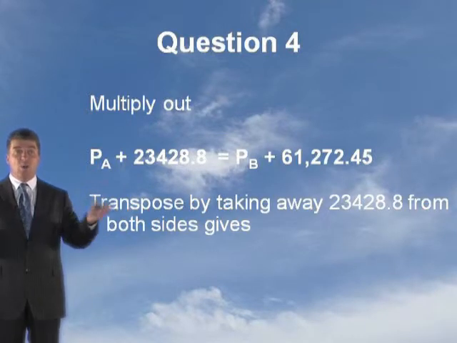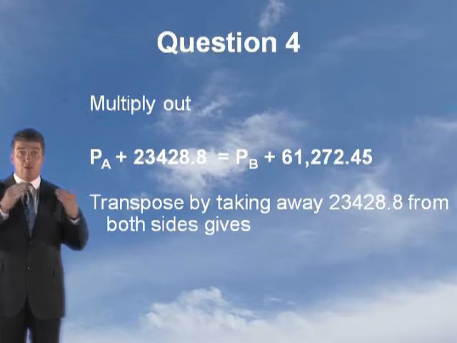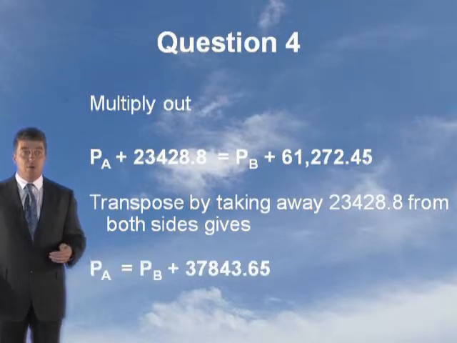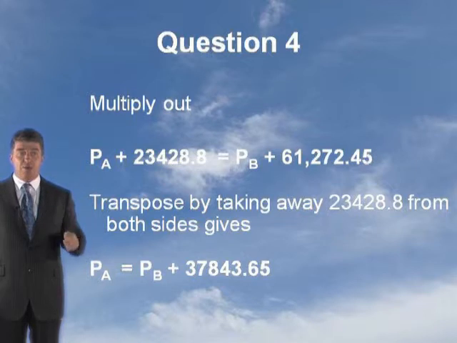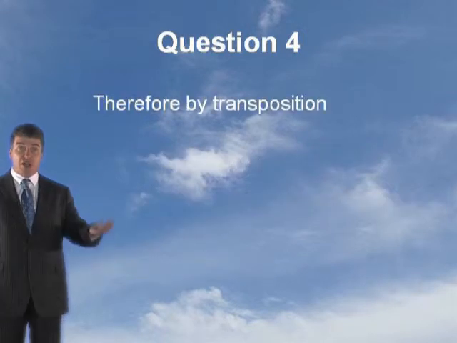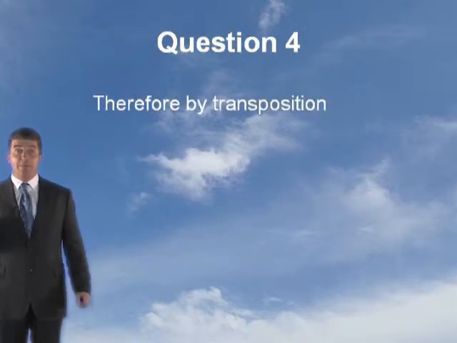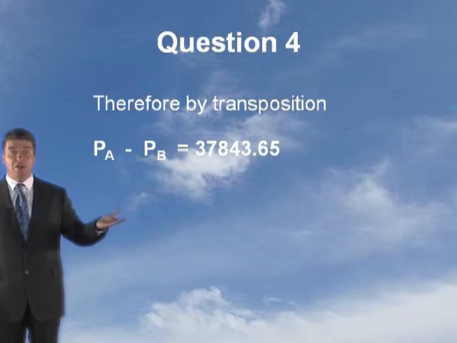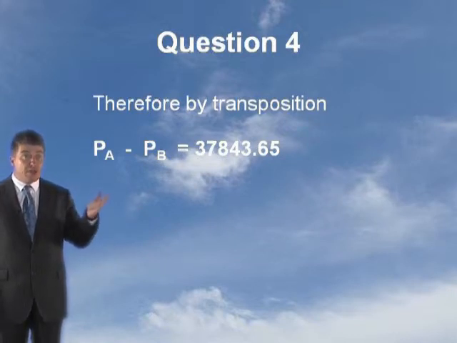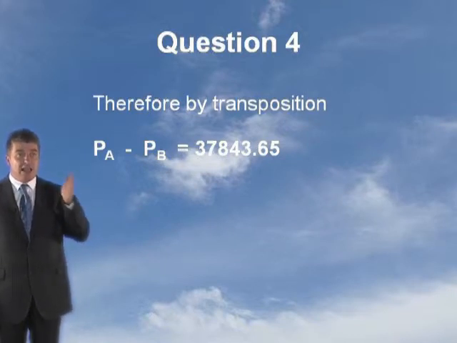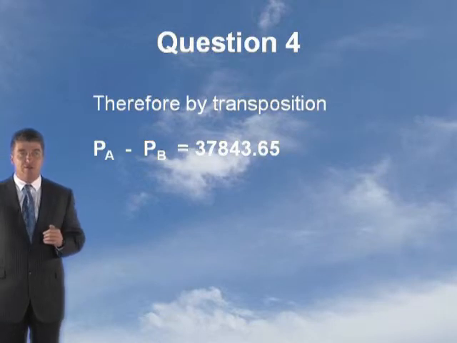Transpose by taking away the smallest value, which is 23,428.8, from both sides, gives you PA equals PB plus 37,843.65. Again, transposing, take away PB from both, it gives you PA, the pressure at A, minus the pressure at B equals 37,843.65.